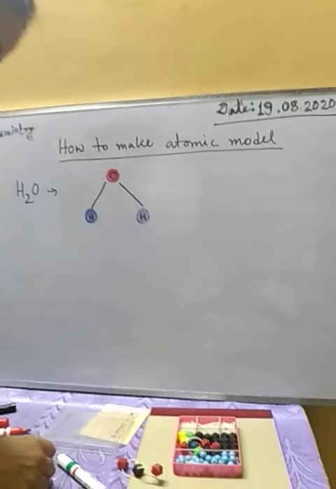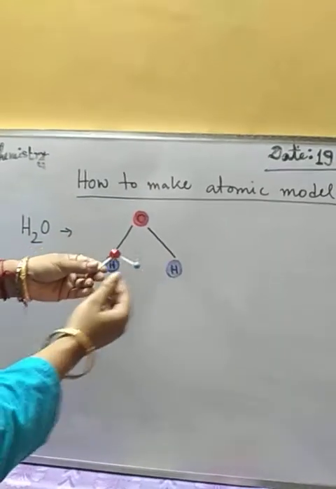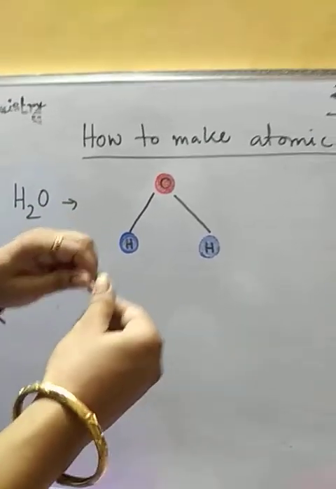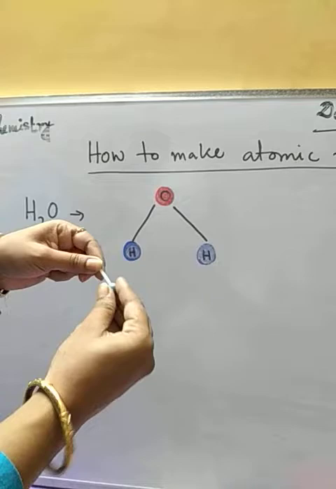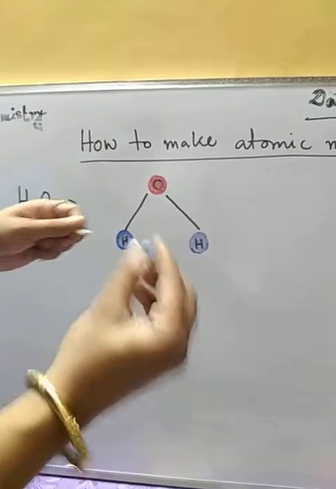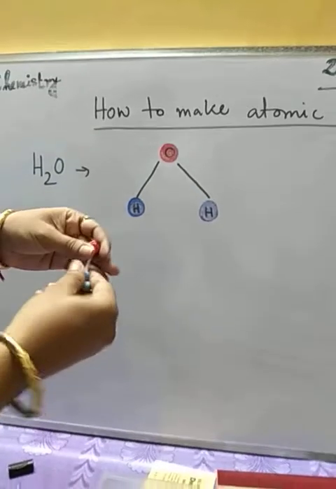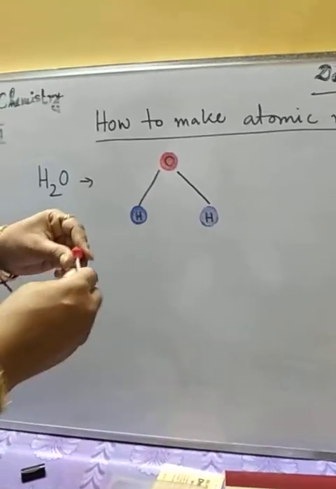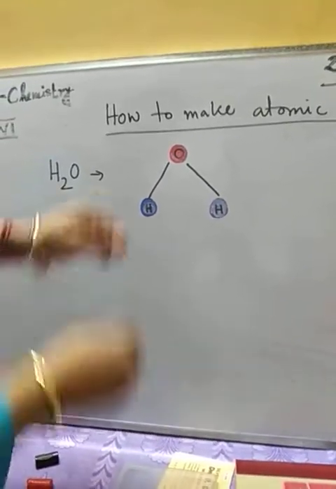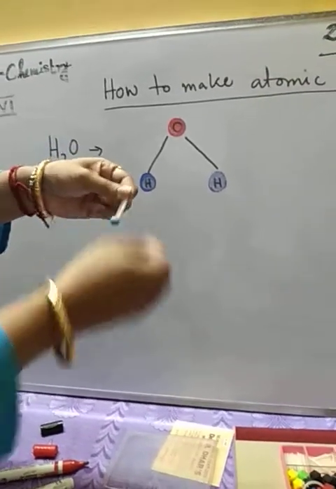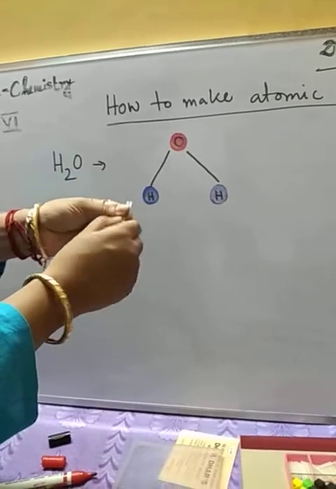If I show you here, see, we can detach these bonds and the balls. This ball represents one hydrogen atom. So with hydrogen, here we have to use two sticks to represent the bonds.